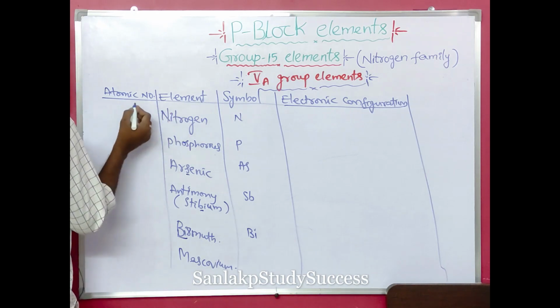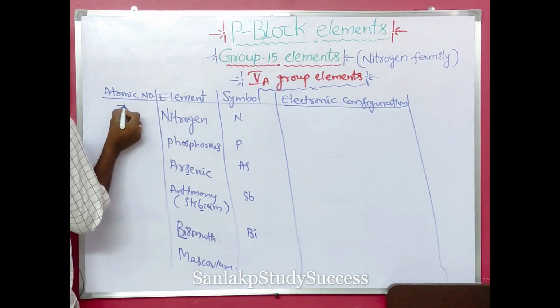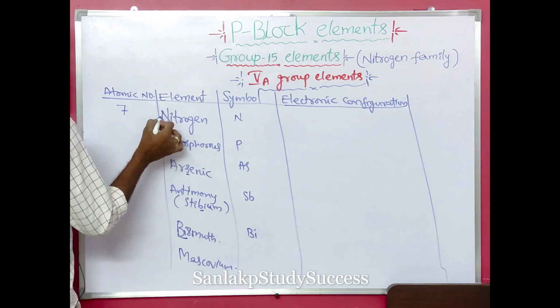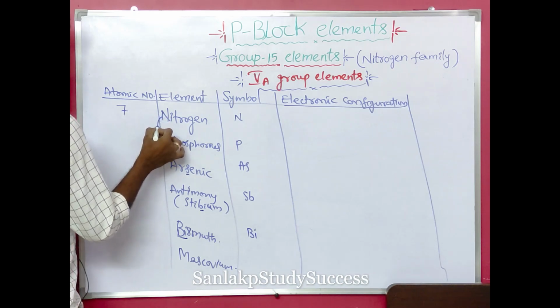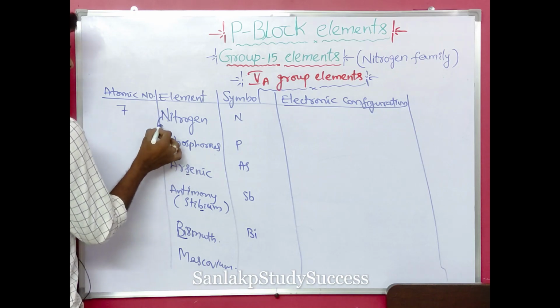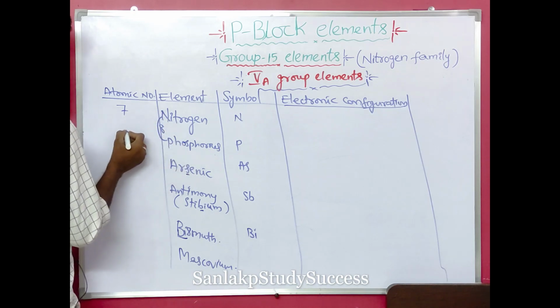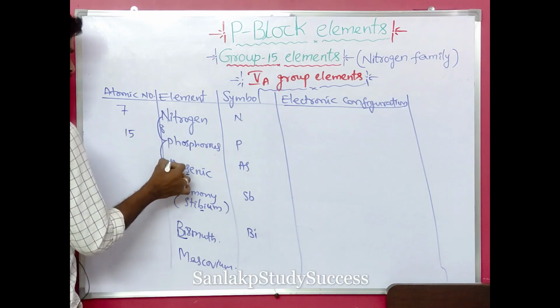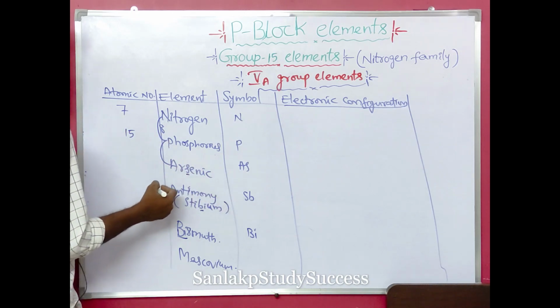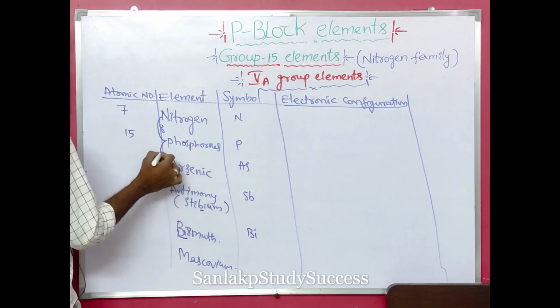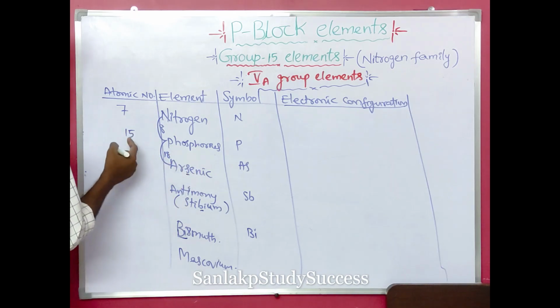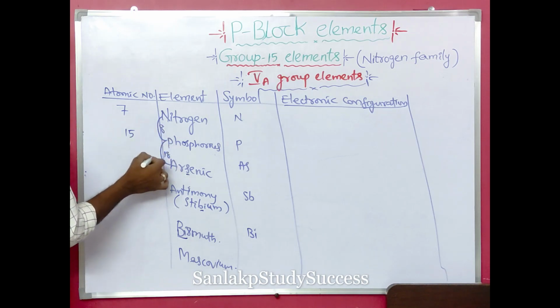We know that the atomic number of nitrogen is 7. The third period contains 8 elements, so 7 plus 8, 15, phosphorus. Next, the fourth period contains 18 elements. So 15 plus 18, that is 33.